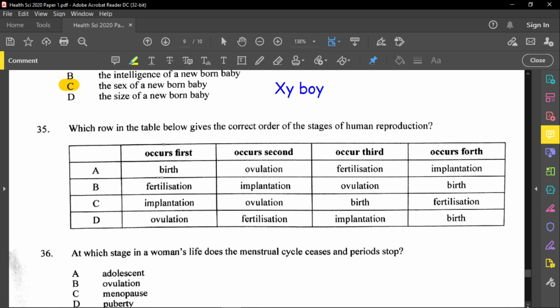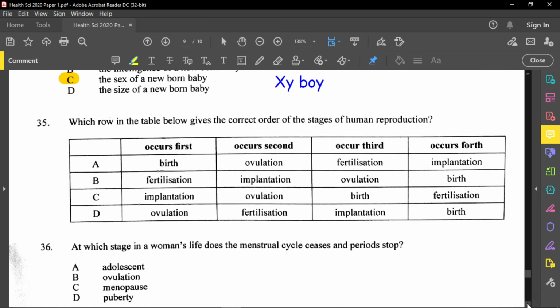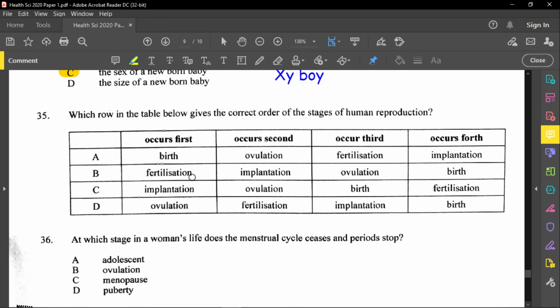Now, question 35 reads: which row in the table below gives the correct order of the stages of human reproduction? What is the first thing that will happen here? An egg must be available, and the egg becomes available by ovulation. So you must have ovulation first. To have birth first would be totally wrong. I cannot be born and then the other things happen.